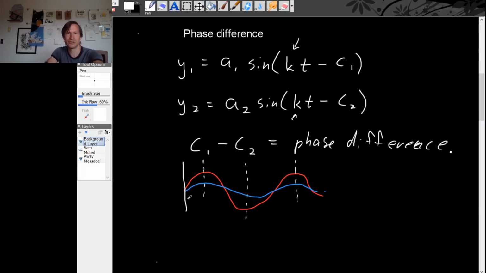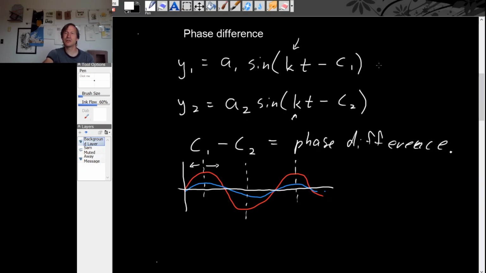So let me put that horizontal axis here. Okay, so a change in phase moves the peaks and troughs rightwards and leftwards, since phase difference corresponds to a horizontal shift, or is related to a horizontal shift.